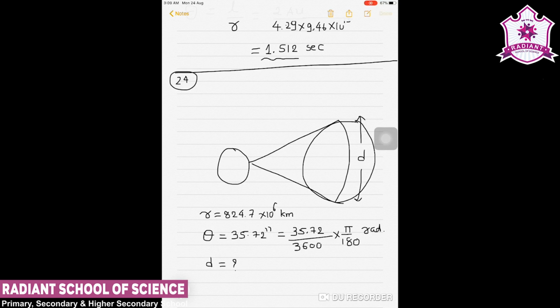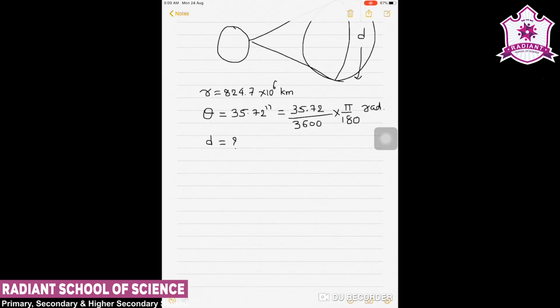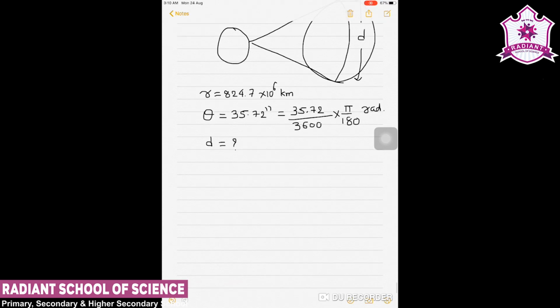So now we will calculate it with the help of the information given here. We can simply write that D is equals to, because our equation is clear that angle is equals to arc upon radius, and so D is equals to R into theta.